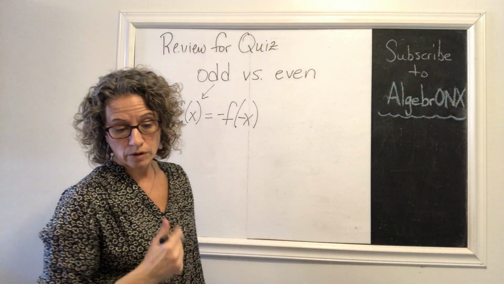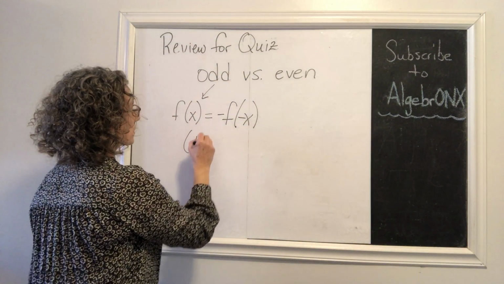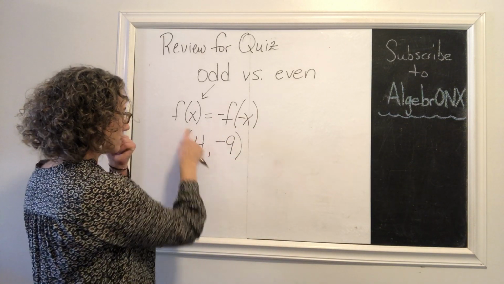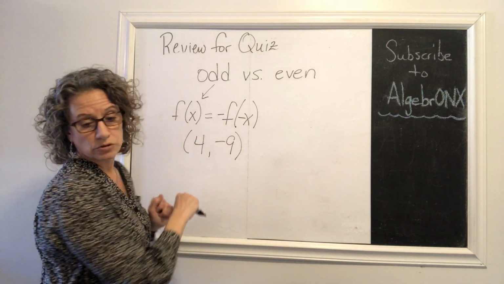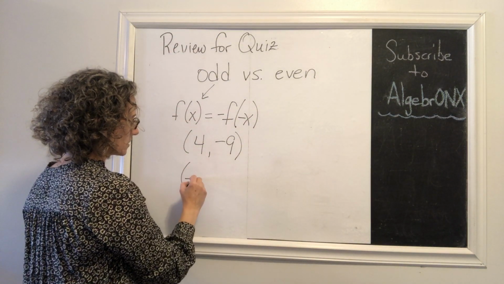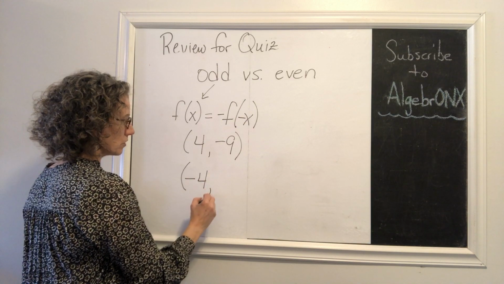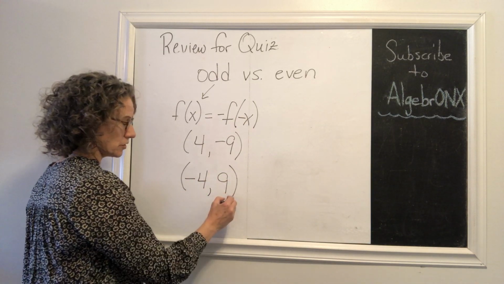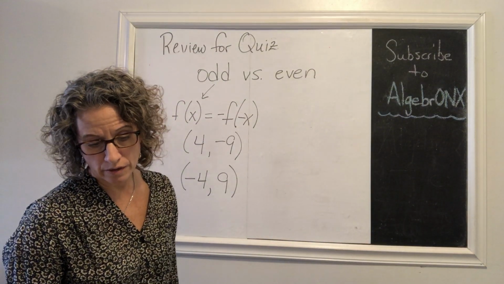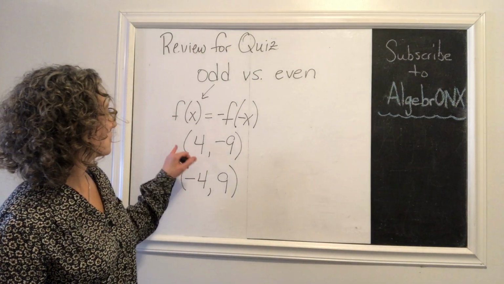Let's take the point 4, -9, for instance. If this is a point on the graph, what would also be a point on the graph? If I negate the x value, then the y value would also negate, and I would get -4, 9 as the answer there.